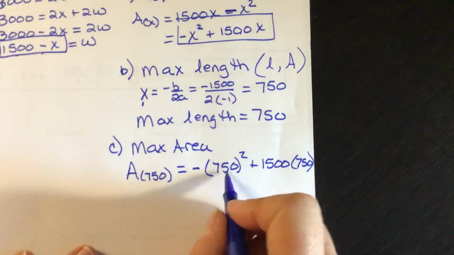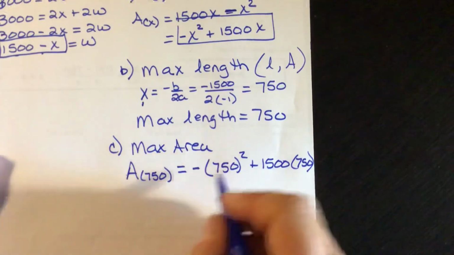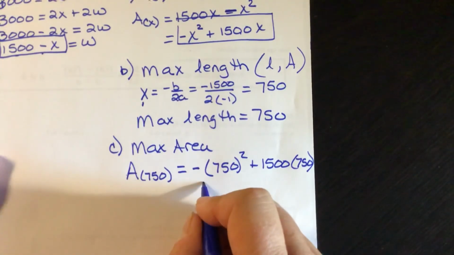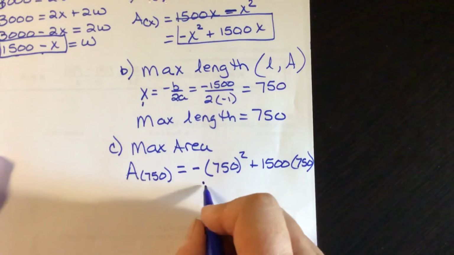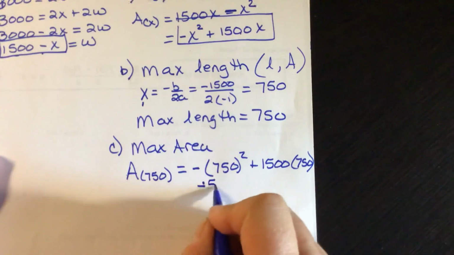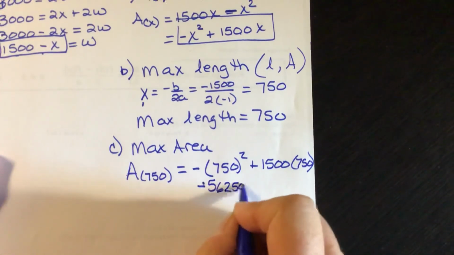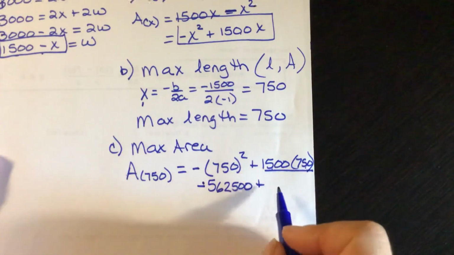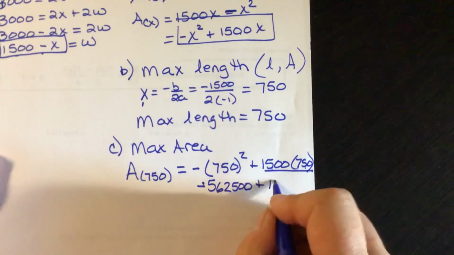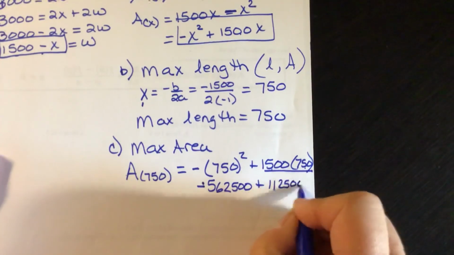And 750 squared is negative 562,500, and then 1,500 times 750 is 1,125,000.